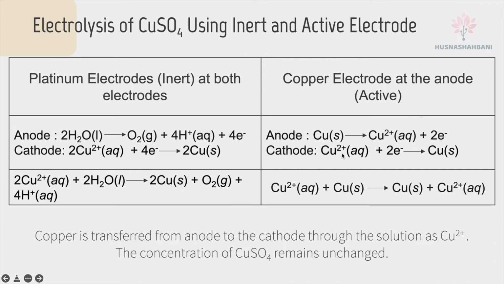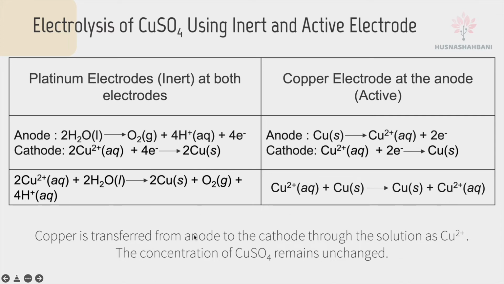At the cathode, compare Cu2 plus with water, and Cu2 plus has the more positive electrode potential value, so that's why we choose Cu2 plus. Okay, this one we don't consider at the anode. We ignore the comparison of electrode potential value because we have an active electrode at the anode. So we choose that active electrode. This is the overall redox equation.